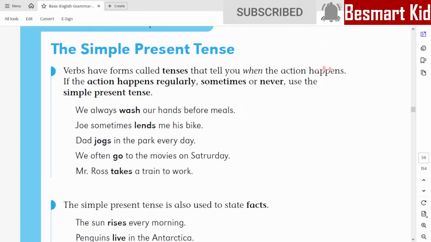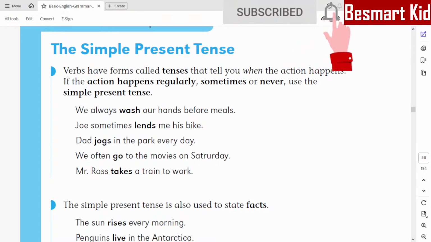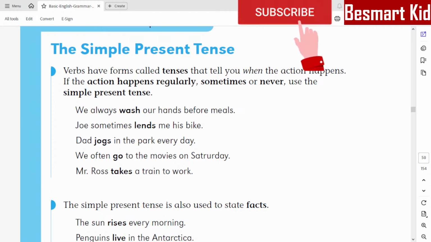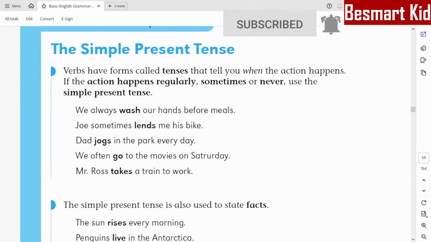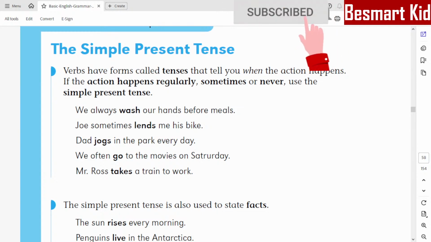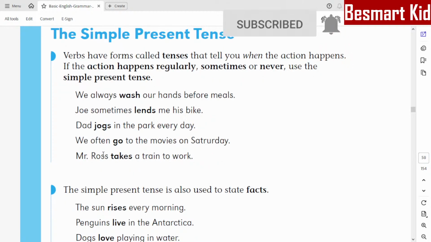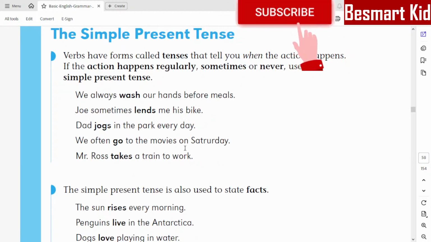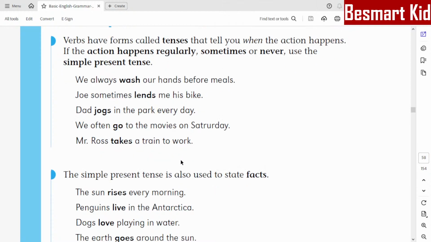We always wash our hands before meals. John sometimes lends me his bike. Dad jogs in the park every day. We often go to the movies on Saturday. Mr. Ross takes a train to work.